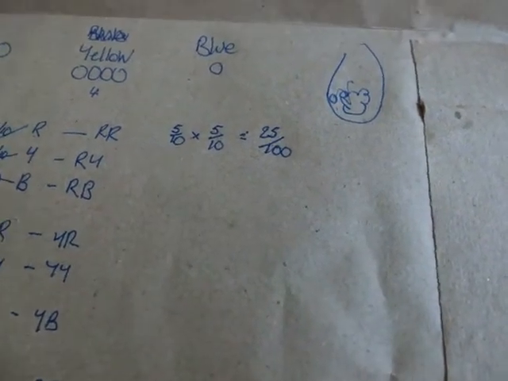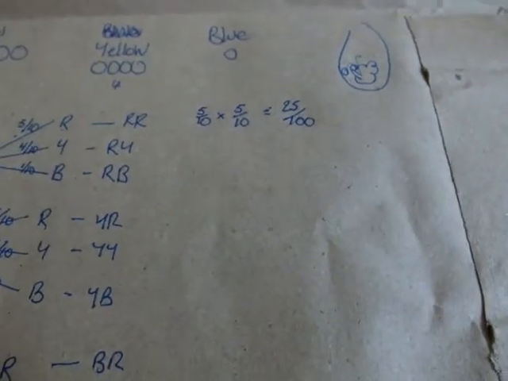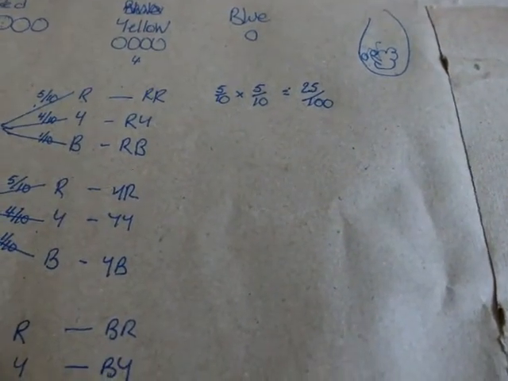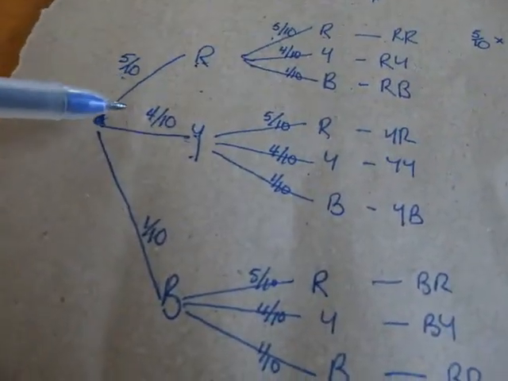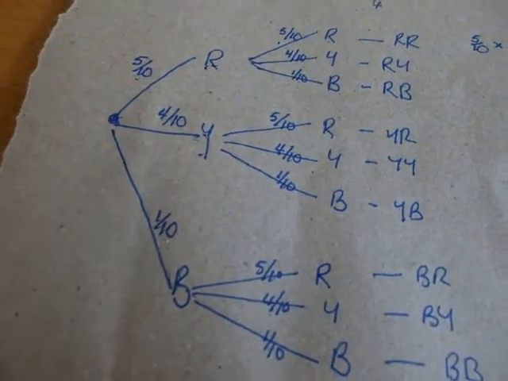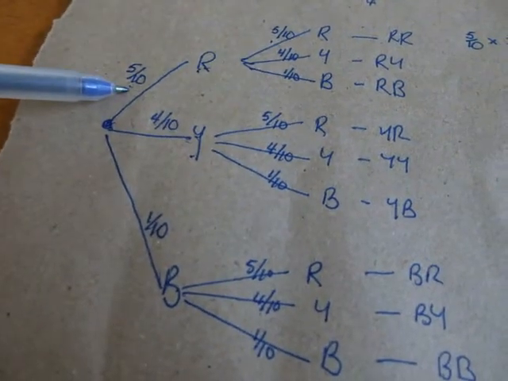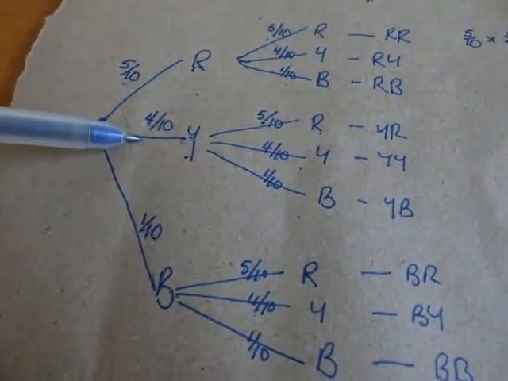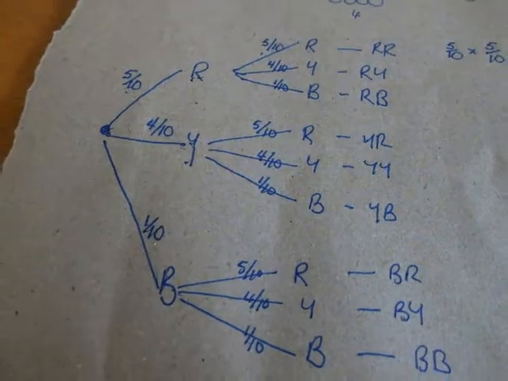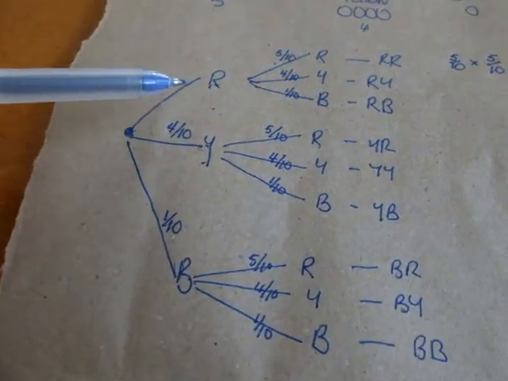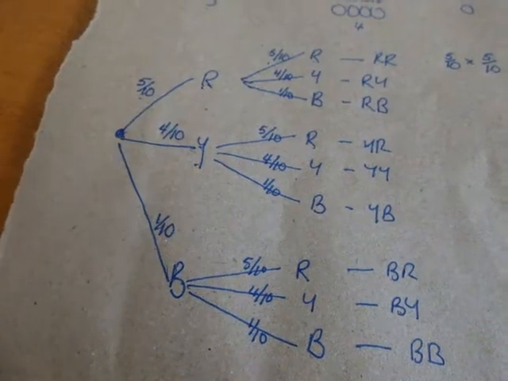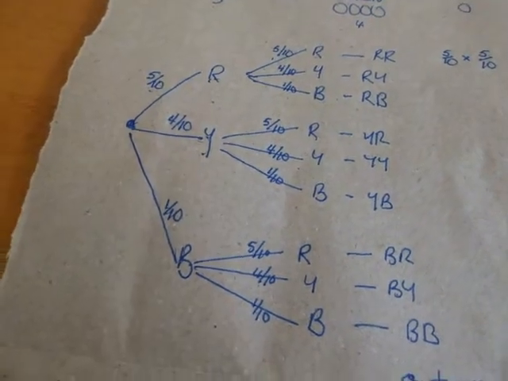One other thing that you need to understand so that you're doing them correctly is that if I add these fractions together, I should get 1. So 5 out of 10, 4 out of 10, and 1 out of 10 is 10 out of 10, which is 1, because that's the whole probability. The probability of getting either a red, yellow, or a blue would be 1, because they're the only colors in it.